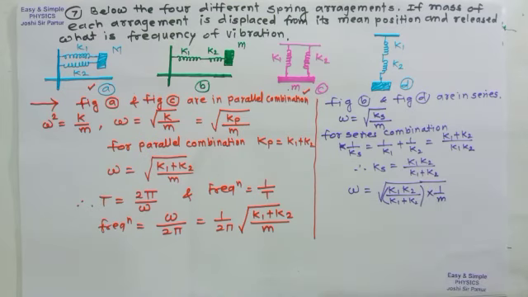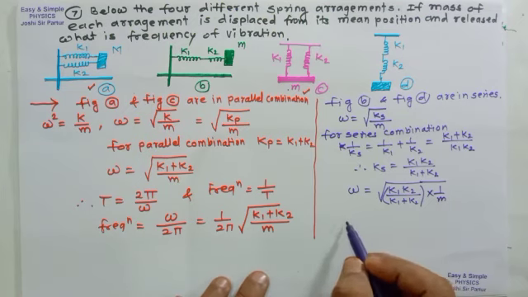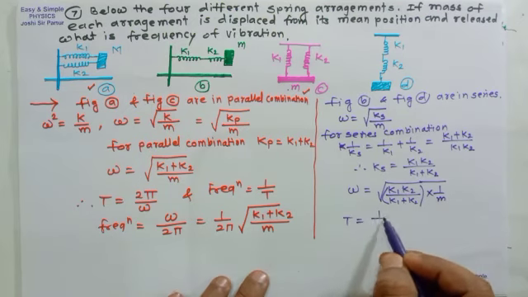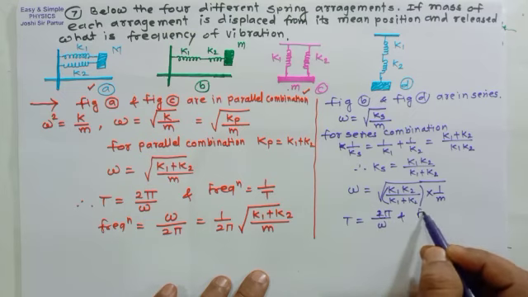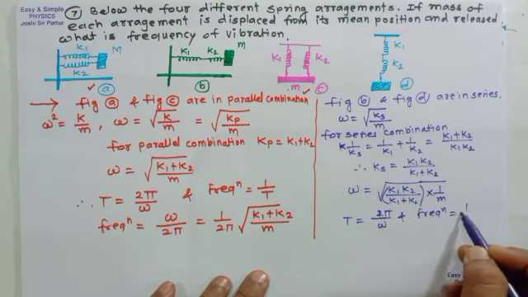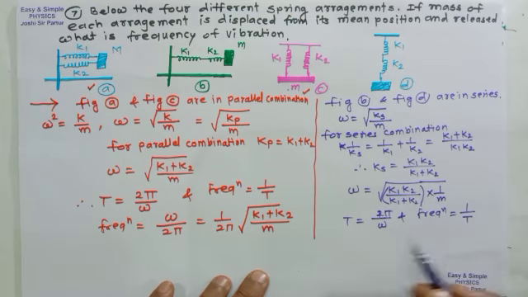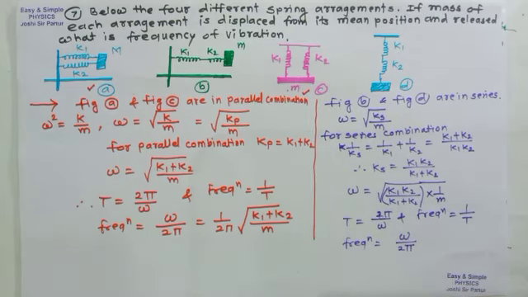So we know that time period T is equal to 2 pi upon omega and frequency is equal to reciprocal of time period. If we substitute, so frequency becomes omega upon 2 pi. By putting the value of omega, we can find out frequency.